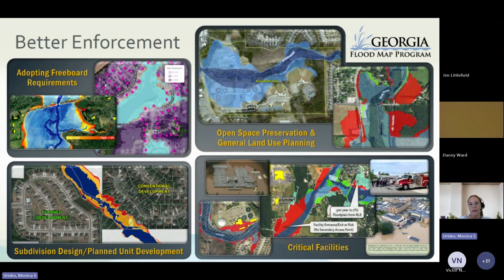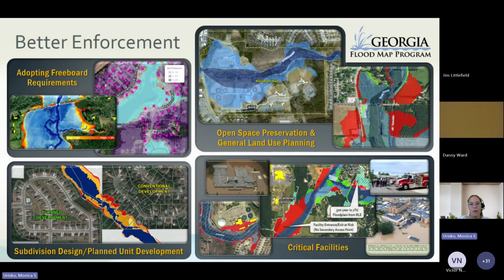Now, this BLE data can also support a lot of enforcement activities, especially before the publication of any regulatory products based on this BLE. One layer that Nick showed is the freeboard layer. It is available in the map viewer, and this layer shows areas where an additional 1, 2, or 3 feet of flooding could happen.